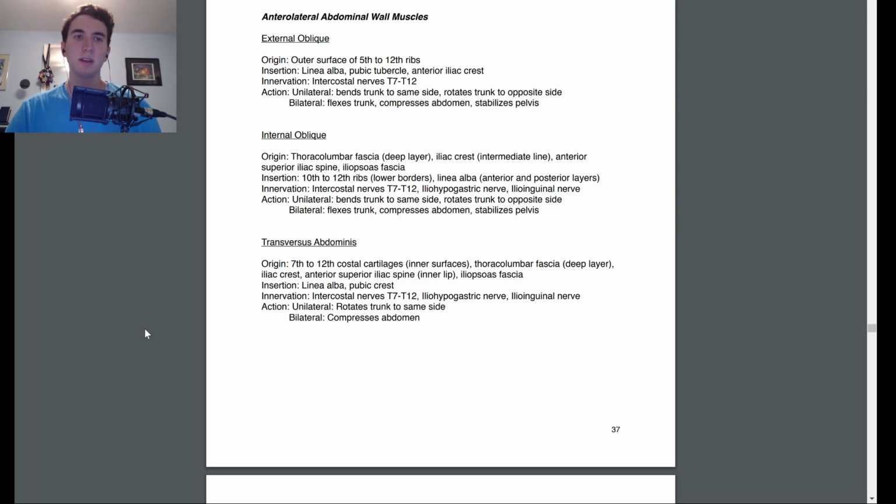The innervation is caused by the intercostal nerves T7 to T12, as well as the iliohypogastric nerve and the ilioinguinal nerve. The actions caused are, unilaterally, it bends the trunk to the same side and rotates the trunk to the opposite side, and bilaterally, it flexes the trunk, compresses abdomen, and stabilizes the pelvis.